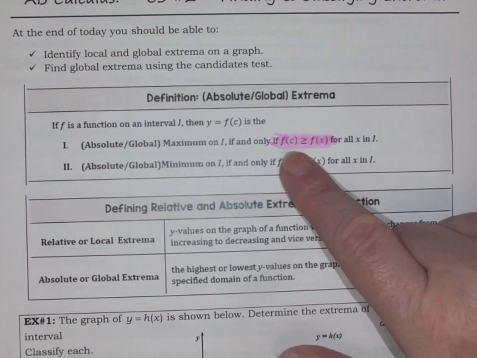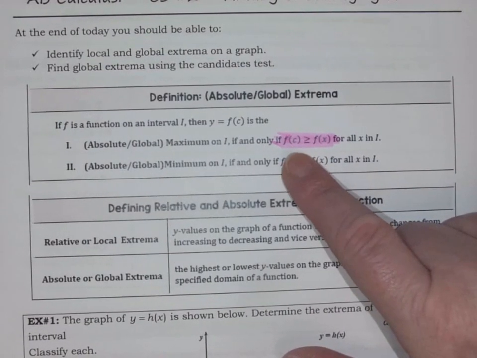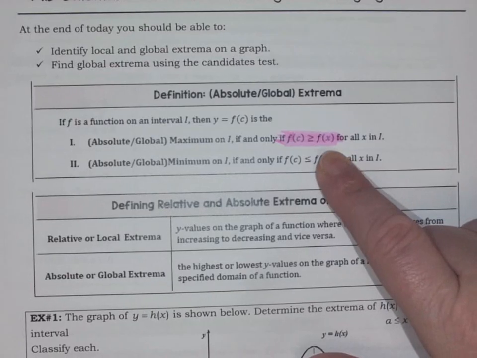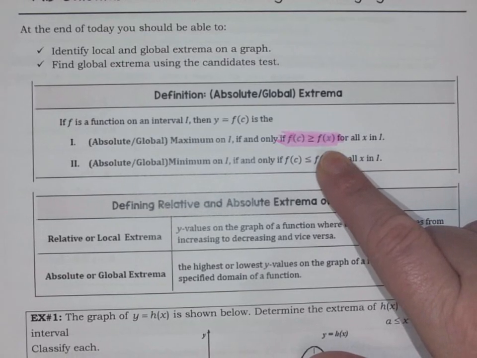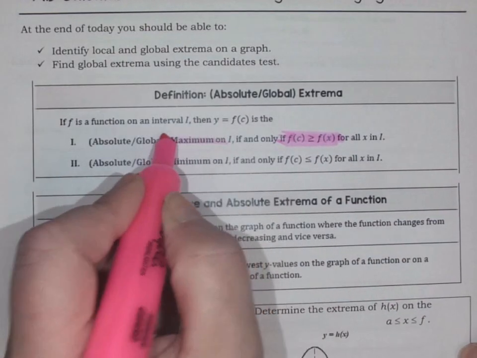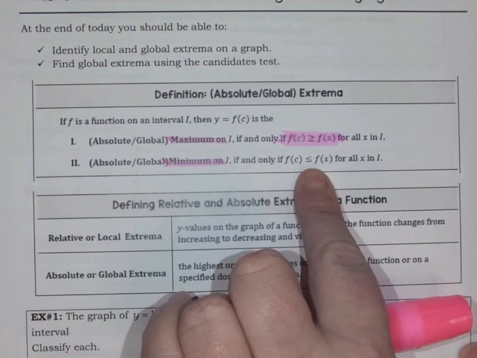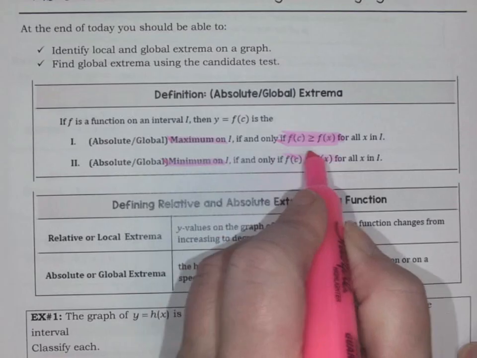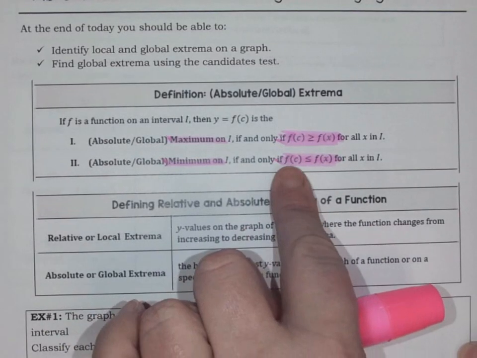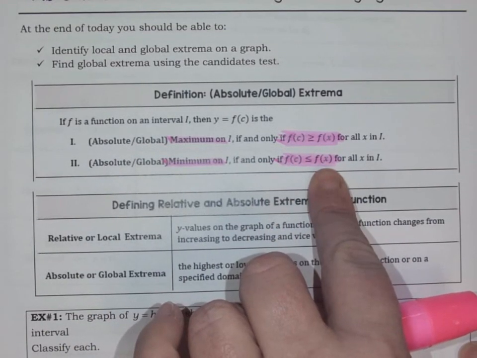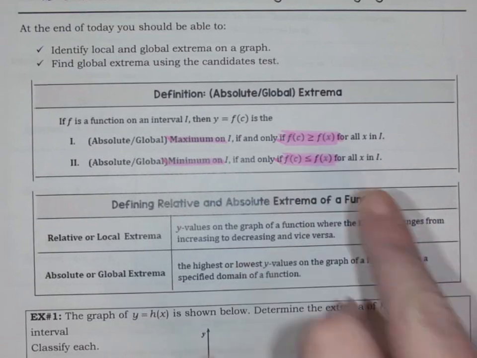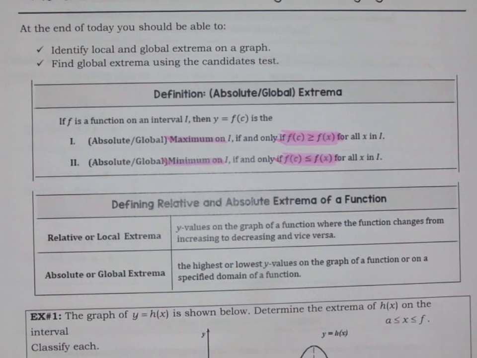Now, that means there is one specific y value that's greater than or equal to all other y values. That's going to be your maximum. If you're looking for a minimum, then the inequality is going to flip. You're going to have a specific y value that is less than or equal to every other y value in the interval.